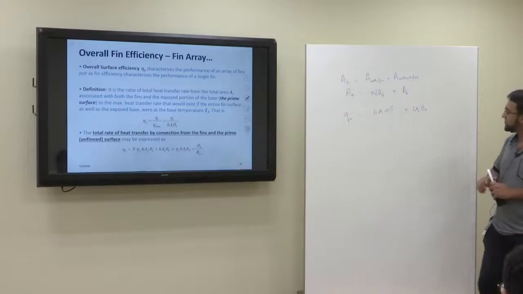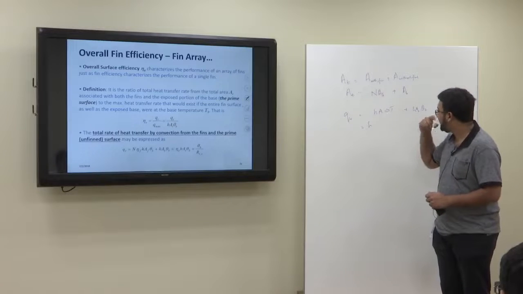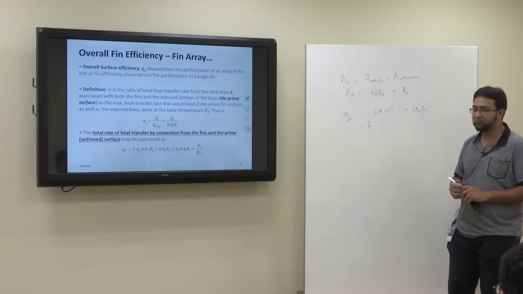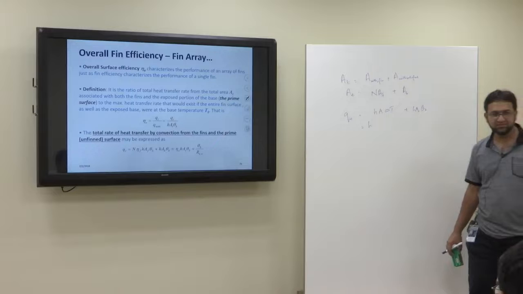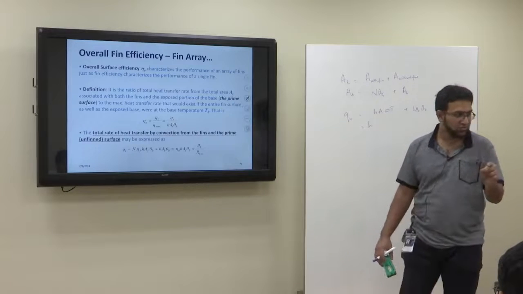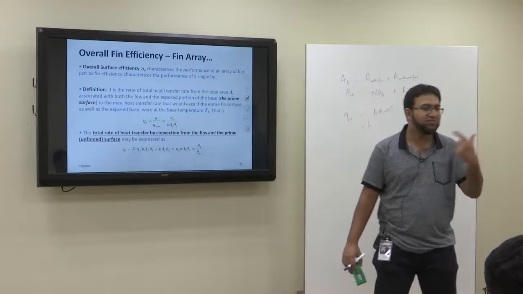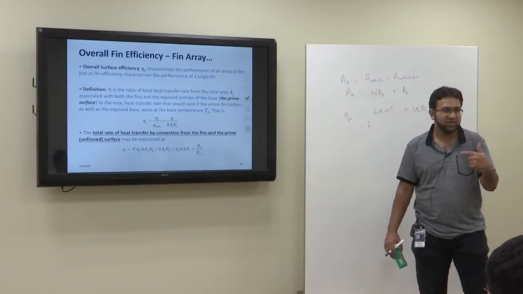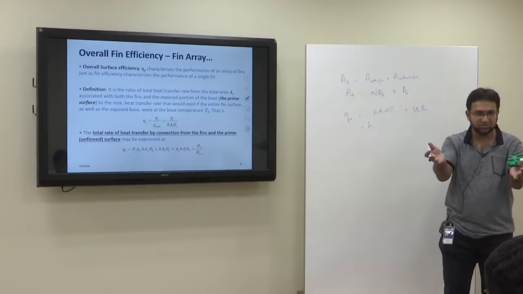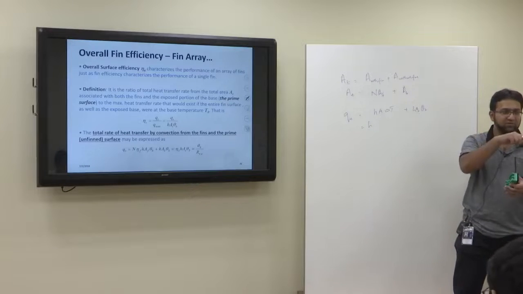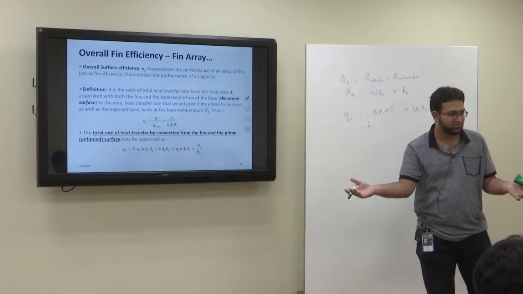Now let's come over to this one. We have h. Delta T here, you remember, in the case of the fin, the fin temperature is not the same as the base temperature. But we defined fin efficiency: if we assume that the fin is at base temperature, then multiplying by the efficiency with that Q max gives you the fin heat transfer.